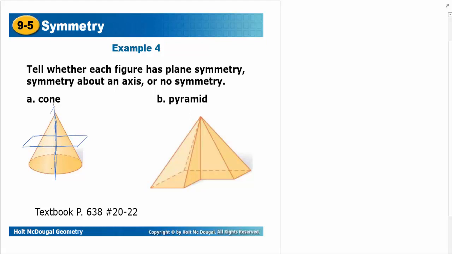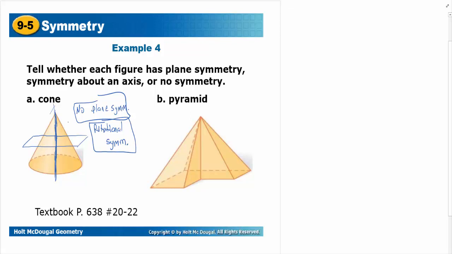As you can see, it's not the same on both sides. But if I drew a line down the middle, I could do a rotational symmetry on this. So this is going to have no plane symmetry, but it does have rotational symmetry.